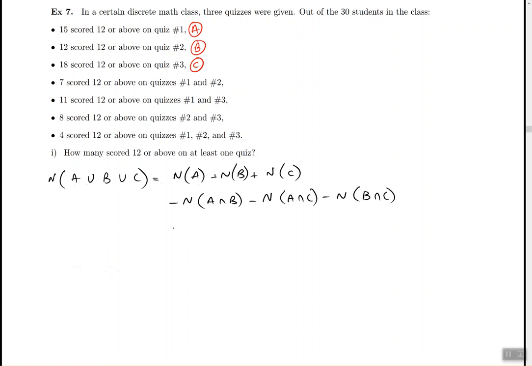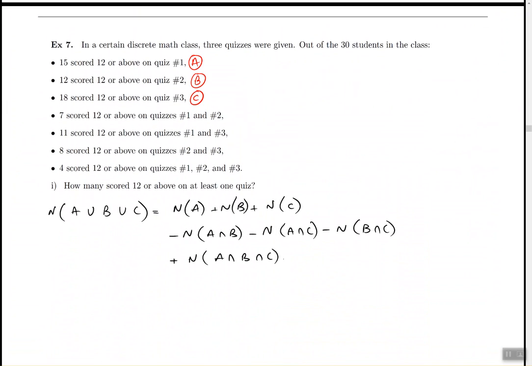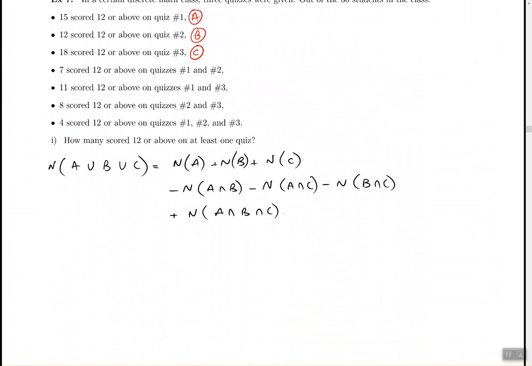And then we're gonna re-add the one that we took out too many times, A intersect B intersect C. Okay, so I'm basically just remembering the formula that's written over here, writing it down on the paper, and I'm gonna plug the numbers into the formula. Okay, doesn't fit in one line, that's why I wrote it like this.